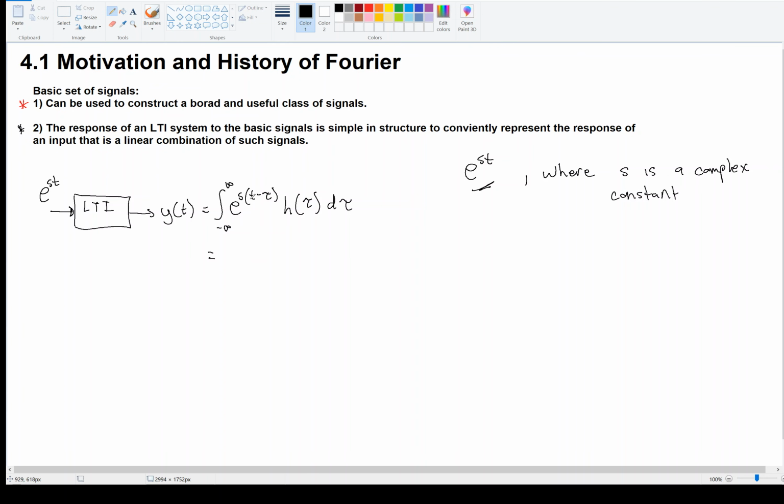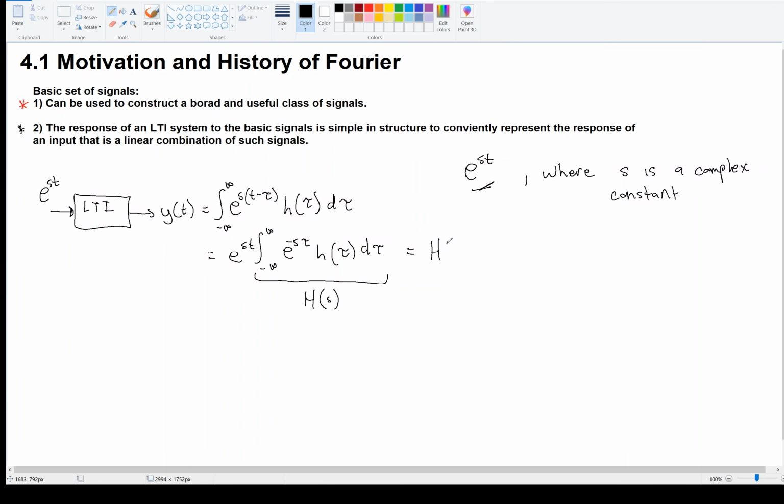Well, I can use the property of exponents to break this down, and I can bring out e to the st because it's independent of tau. So this gives me e to the negative s tau inside times h of tau. And this integral is a number. Given s, right? Given the input s, I integrate with respect to tau, plug in the bounds, and I get a number that depends on s. So we're going to call that number capital H and show its dependency on s like this.